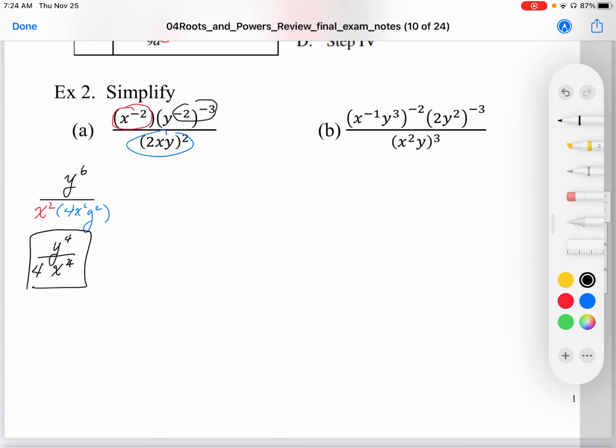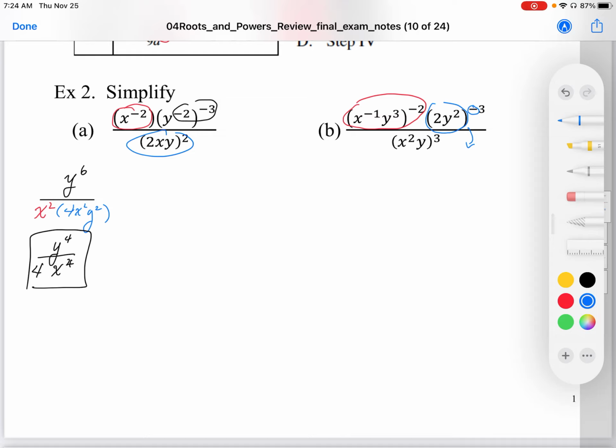So this one here, we're going to apply this negative power into that bracket, and I'm going to do that the same here. Actually, what I'm going to do is deal with that negative power first and put that whole thing into the denominator.